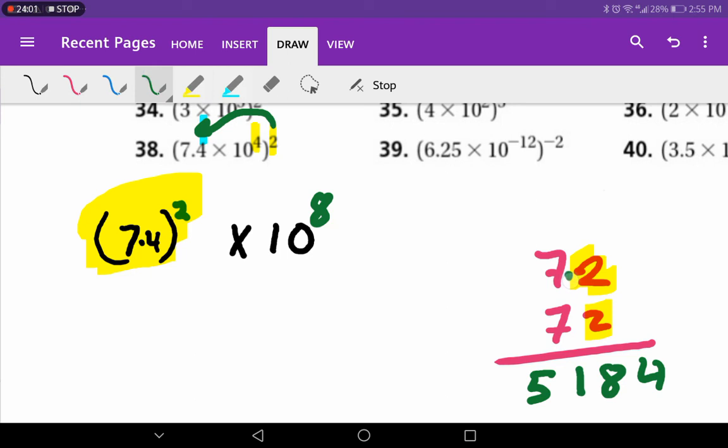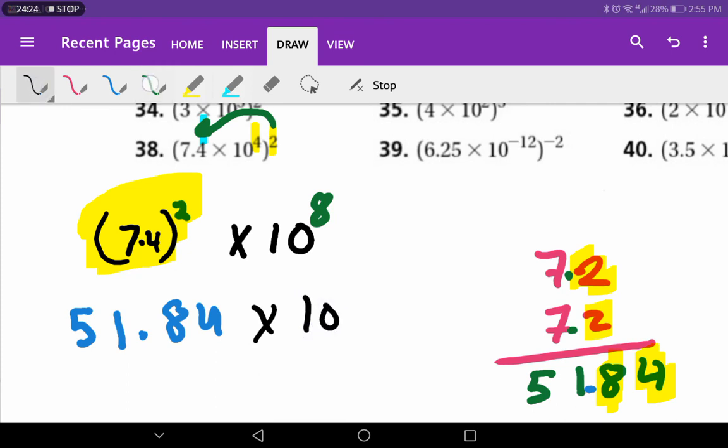Yes, it is 7.2, so I have to lift 2 digits, 1, 2, and place the decimal point here. So I will write 51.84 multiply 10 with power 8. What I did, I replaced this by the answer.